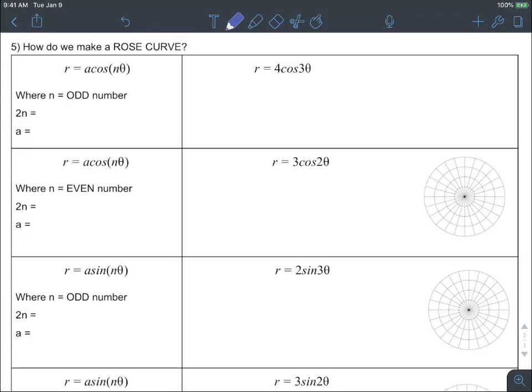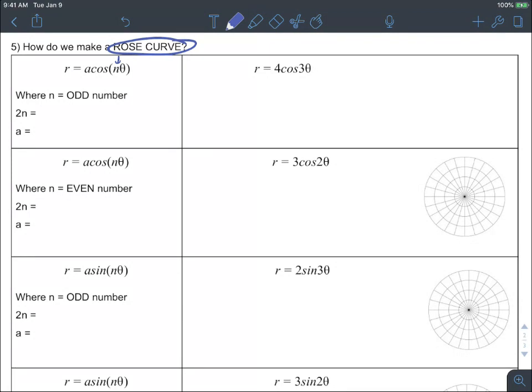The next type of curve we have is a rose curve. These are fun. So if we have a multiplier times cosine theta, just kind of like a circle, but this time we have n theta. So remember, that's our angular speed.